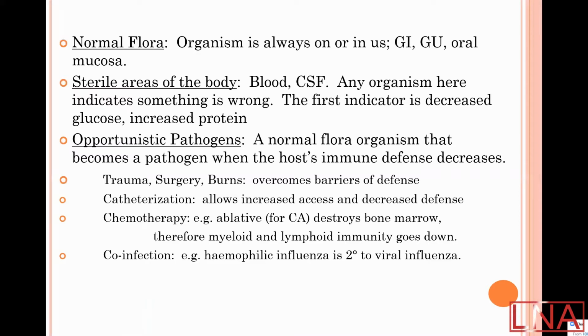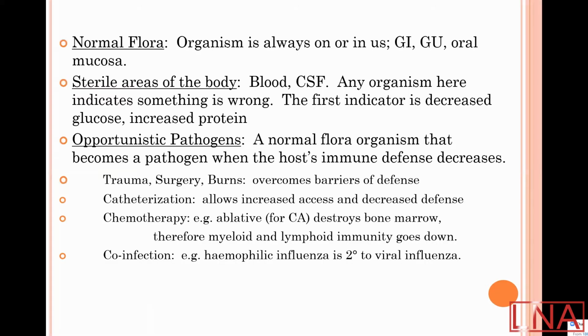As you remember, there are some sterile areas of the body: blood, cerebrospinal fluid, organs like liver and heart. If we find any microorganism here, it indicates something is going wrong. The first indicators are decreased glucose and increased proteins.